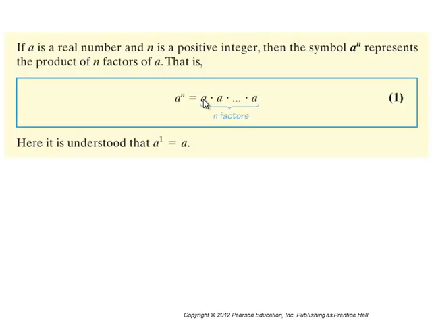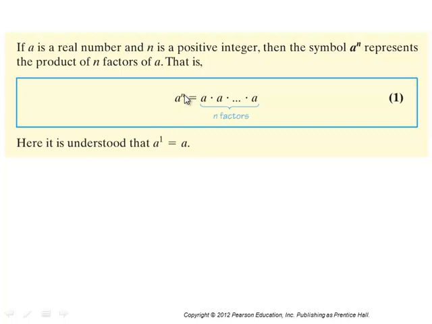We will review exponents. When we take a number raised to a power, what we're really talking about is repeated multiplication. When a is some number, n is some power, which means n is going to be some positive integer. Doesn't have to be a positive integer, as we shall see.